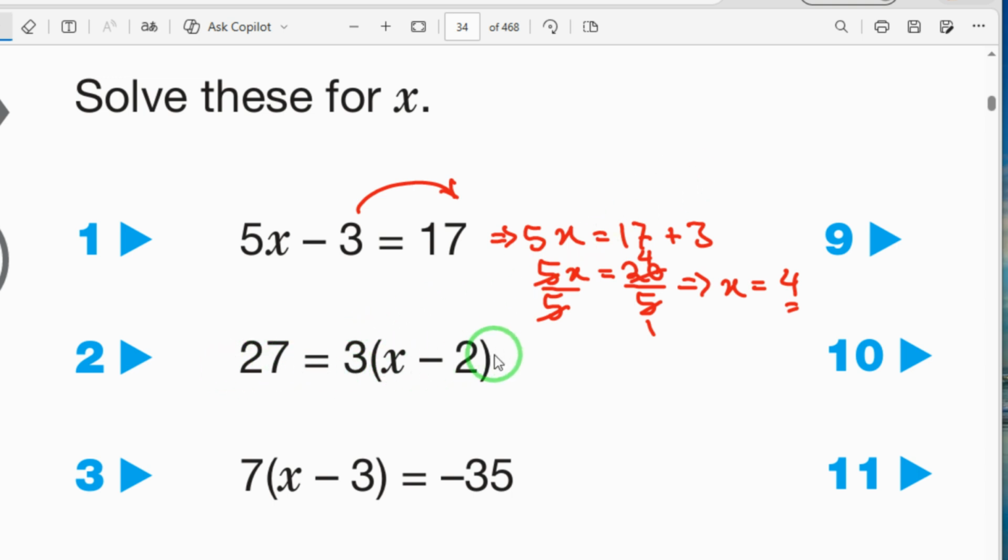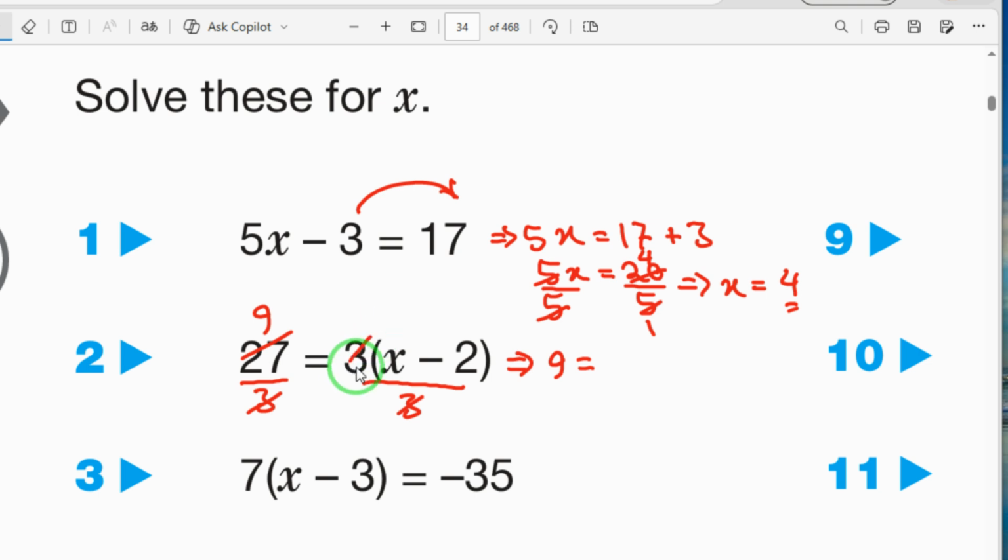Question number 2. Here first we divide both sides of the equation by 3. So here we simplify. 1 times of 3 is 3. 9 times of 3 is 27. Remain only 9 equal to 3.